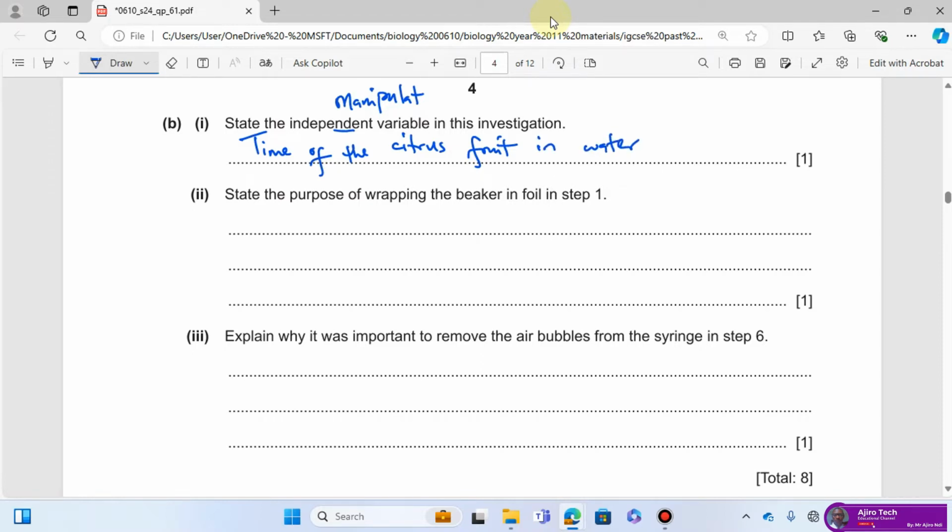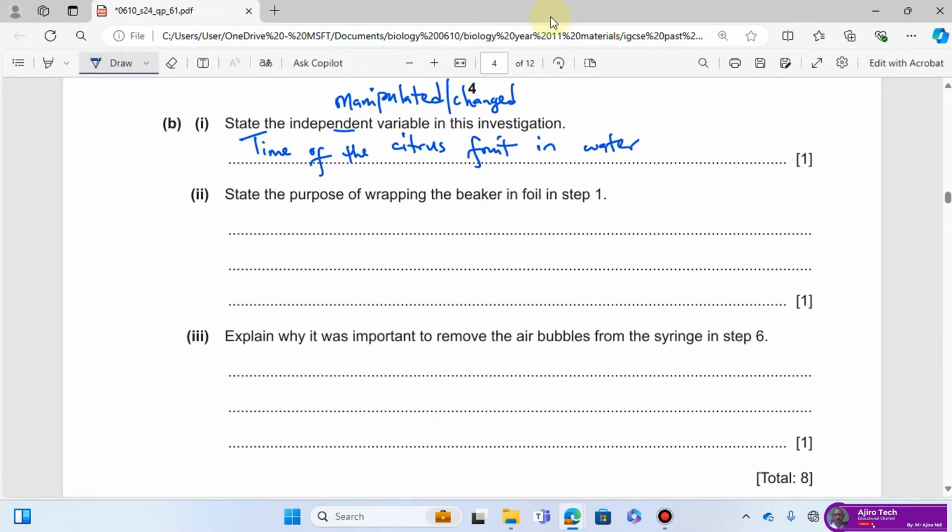That was what was manipulated, because you do the first minute, second minute, third minute, and fourth minute. That's what the experimenter changed, the variable changed during the experiment.